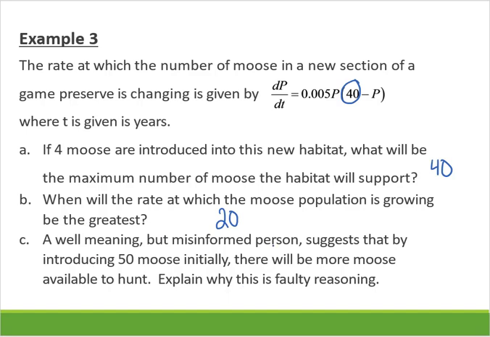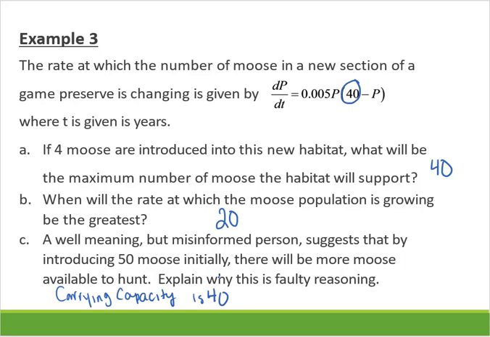A well-meaning but misinformed person suggests that by introducing 50 moose initially, there will be more moose available to hunt. Why is this faulty reasoning? Because the carrying capacity is 40. You're introducing more moose than the habitat can hold.